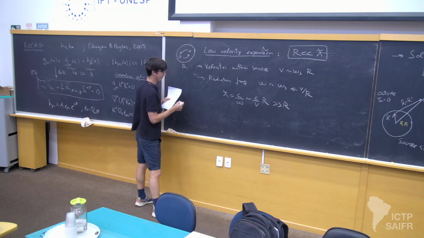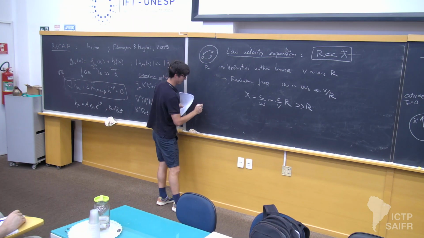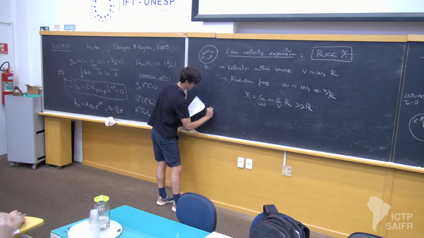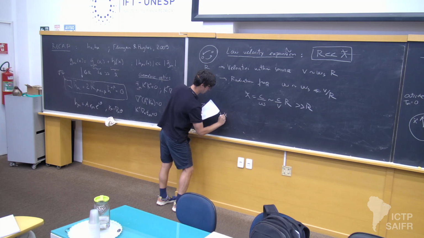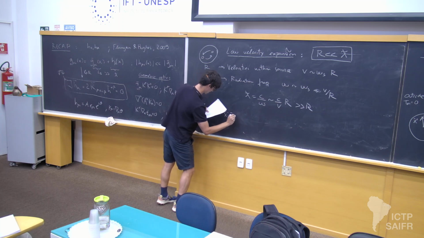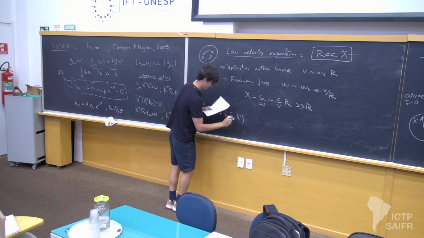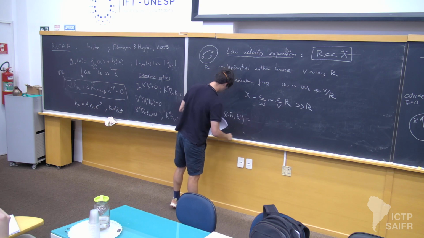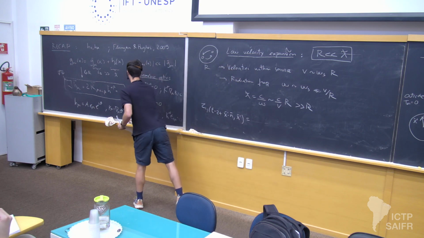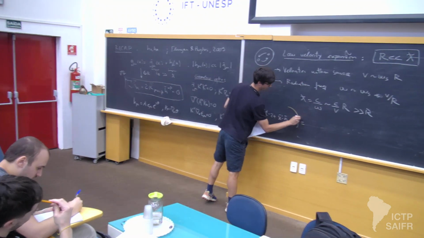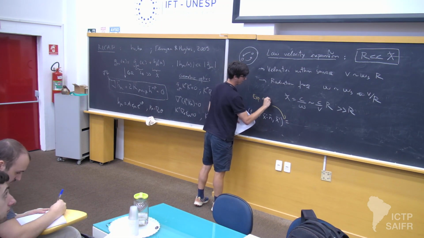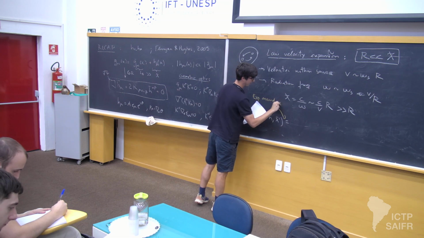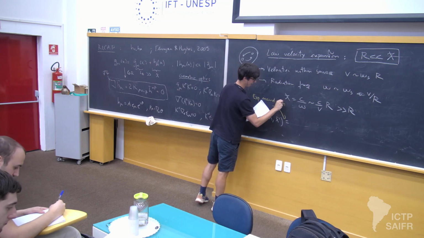So in particular, we can take our energy momentum tensor, tau at t minus r plus x prime times n, which is also a function of x prime, and we can do an expansion around x prime times n.